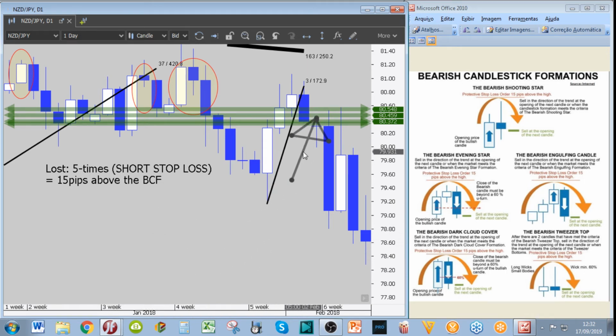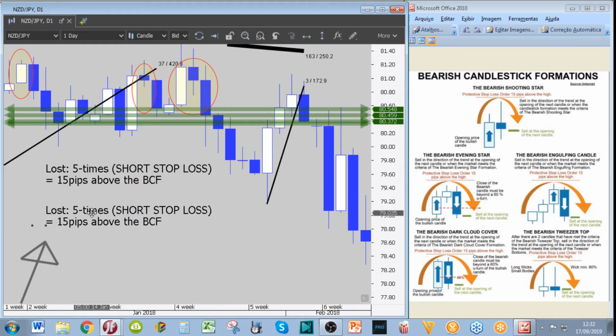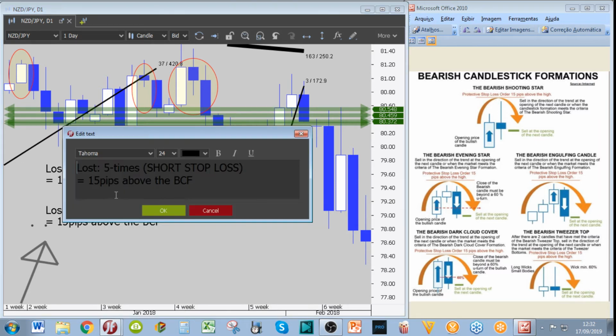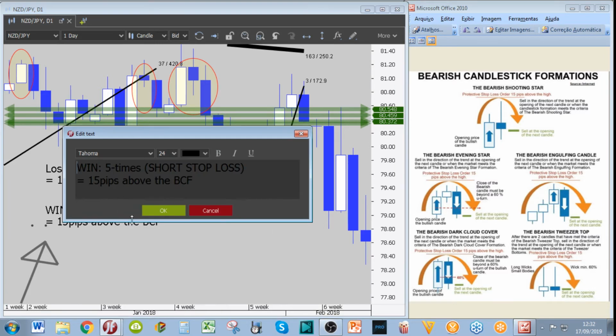Okay, now question for you, everybody: how is it possible to make money if you lost 5 times and on the other side you are winning? We are in 4 trades, so we are winning 4 times, right?